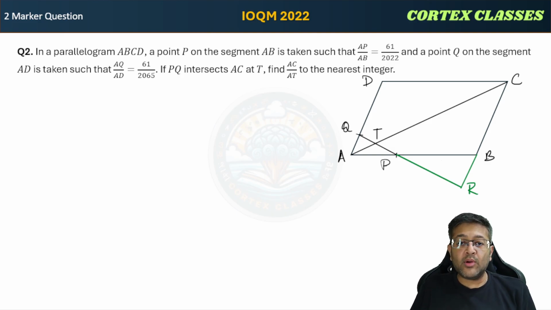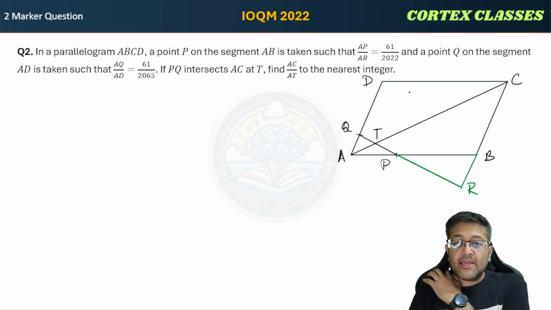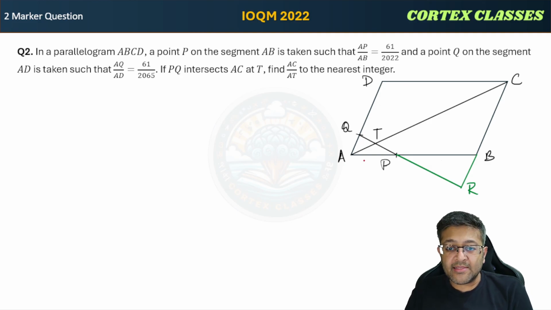Now what do we need to do? Let's mark the sides using some variables. AP is to AB is 61 is to 2022. So can I take AP as 61y? Let's take 61y, then how much will PB be?